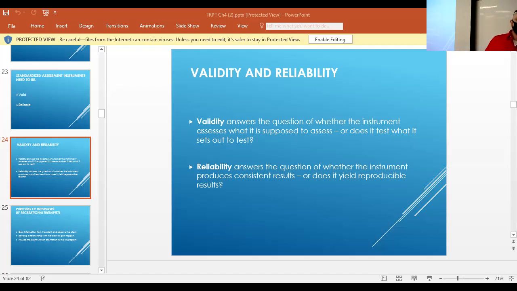Test results from psychologists and other therapies. It may be not just from psychologists where you're looking at the mental side of things. You may find some test results from the physical therapists who show that they have severely limited mobility in their right arm. Is that good for us to know as recreation therapists? Where you can plan accordingly?